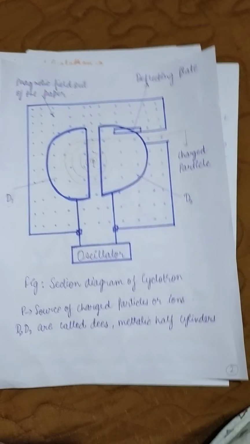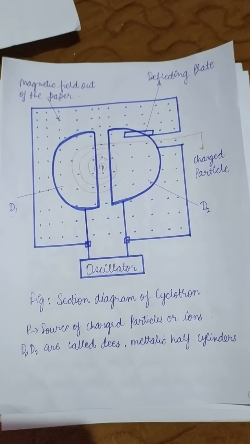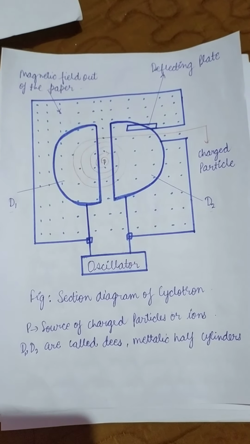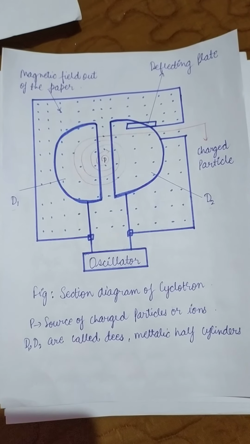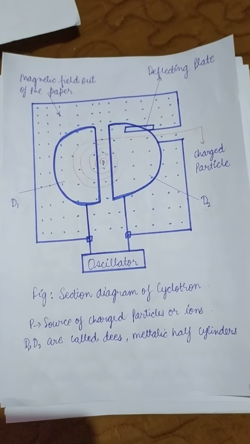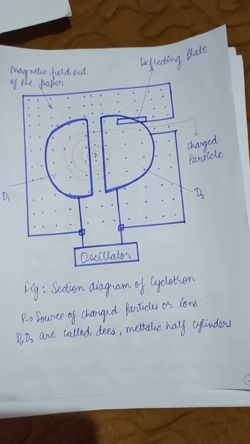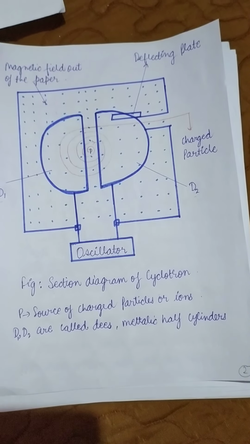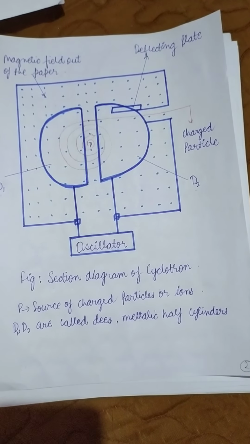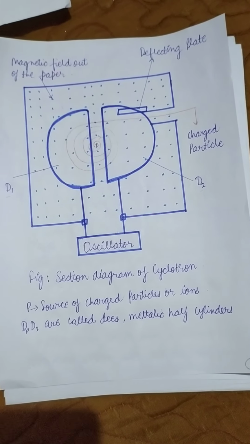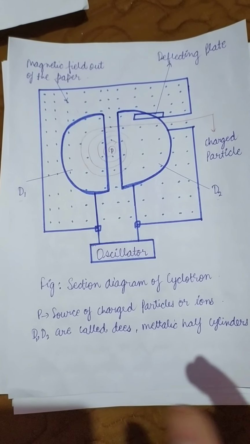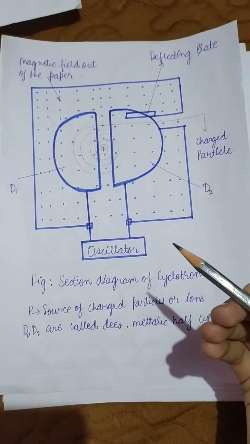Now let us discuss the principle of working of the cyclotron. So what is the principle? The principle says that a charged particle can be accelerated to a very high energy if it is made to pass through an electric field.